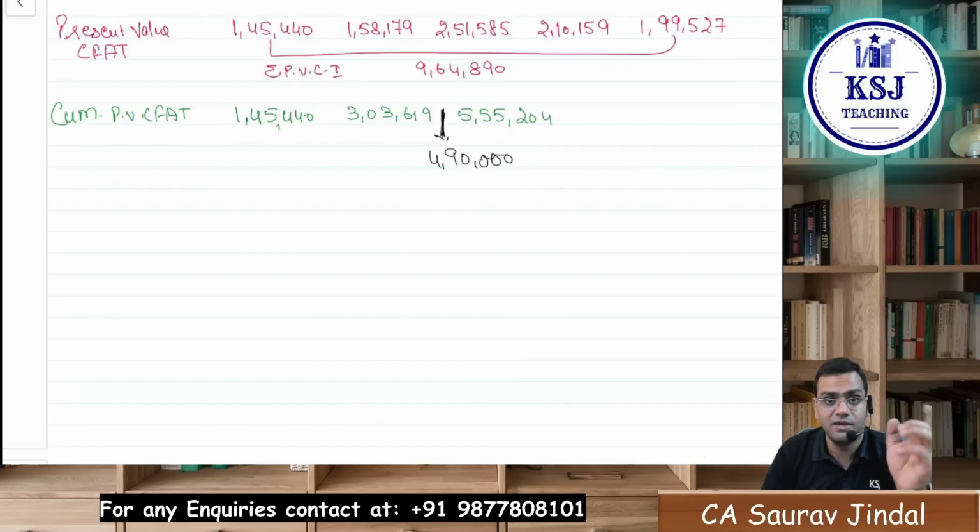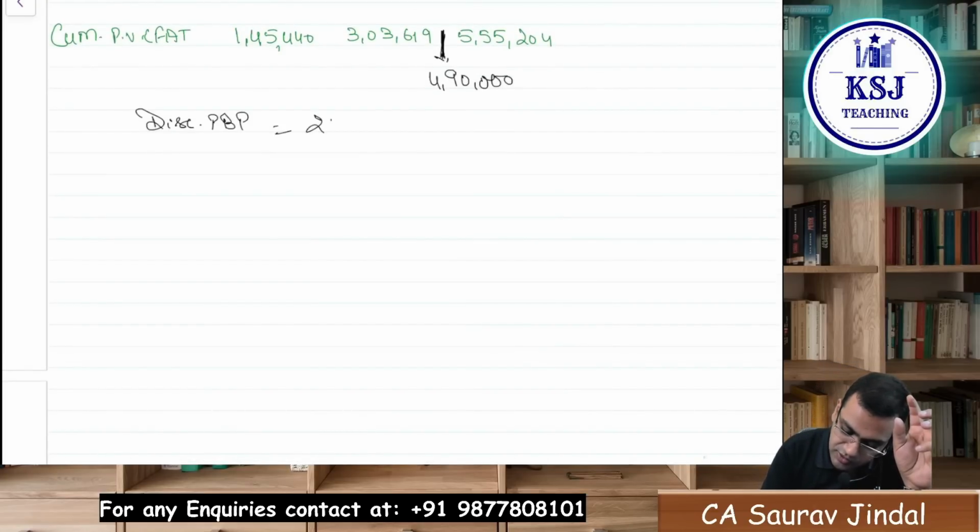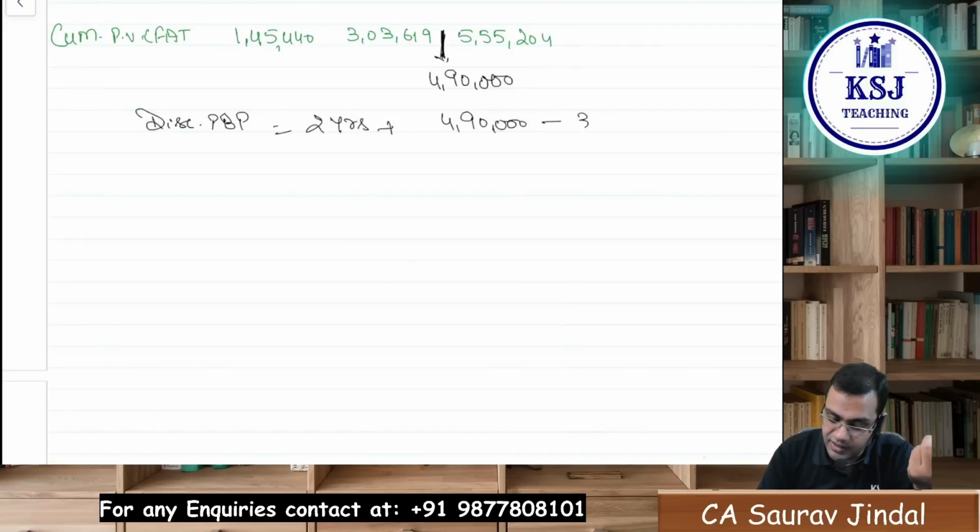So it will be somewhere between the second year and the third year. What will be the discounted payback period? It will be 2 years plus the amount to be recovered, 4,90,000, minus what we have already recovered till 2 years, that is 3,03,619.